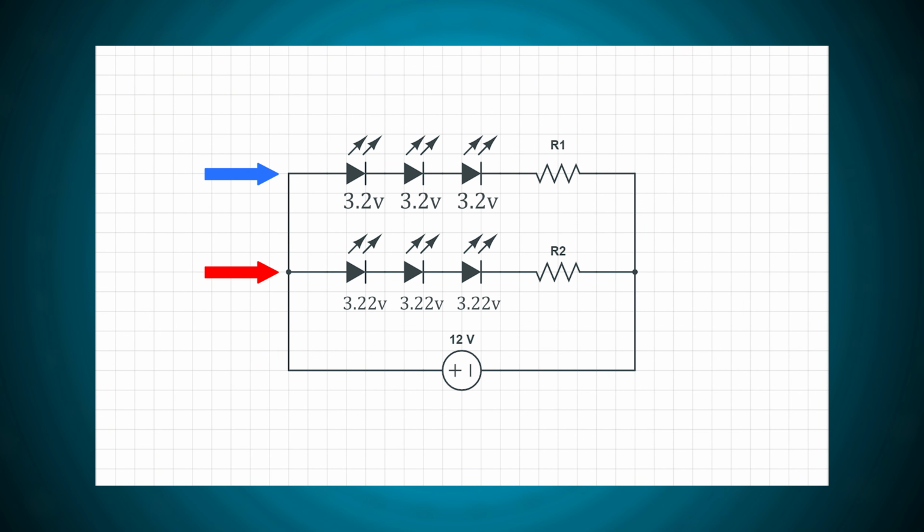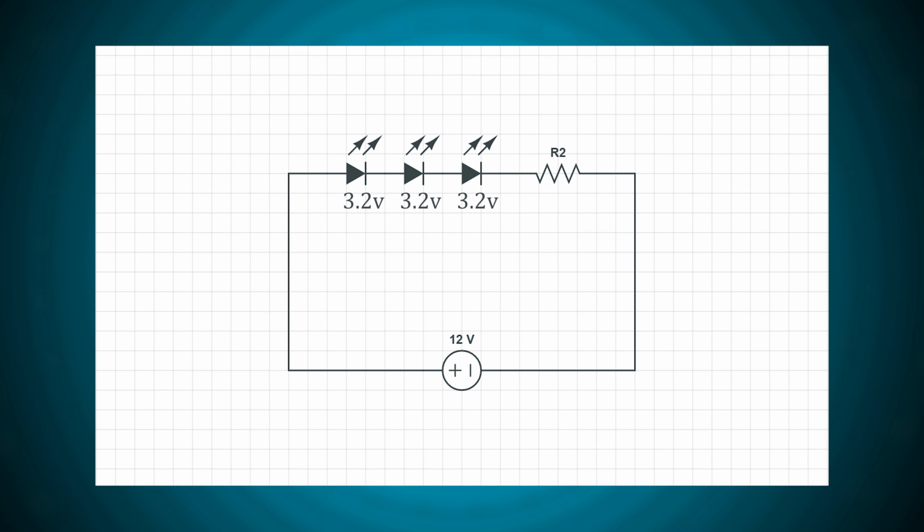Right. Now let us do the calculation. For the sake of simplicity, let us imagine we have only one circuit here. We have to multiply 3.2 by 3 because we got 3 diodes in series. That's gonna be 9.6 volts. We can think of these 3 LEDs as one large LED whose voltage drop is 9.6 volts.